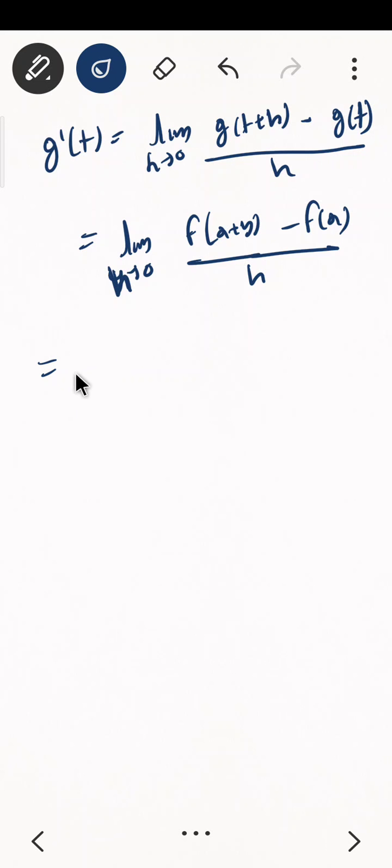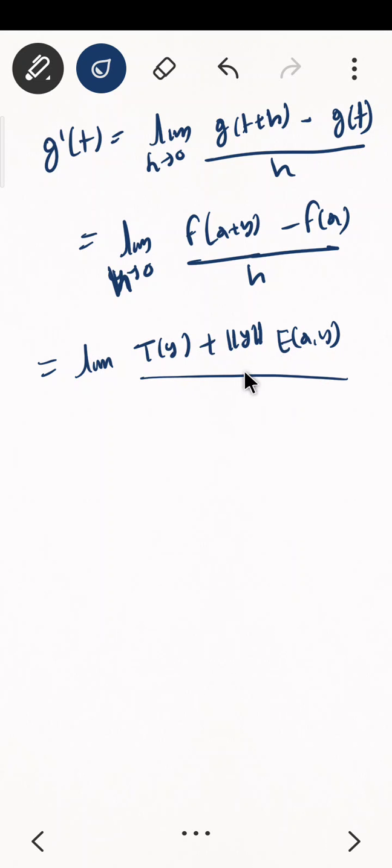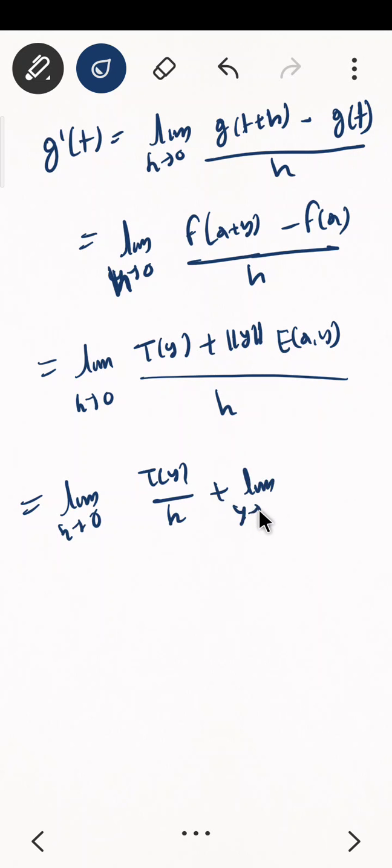So let us put the value. Limit, what is f of e plus y minus f of e? This is T of y plus norm y E of y, correct. And this is divided by h, limit h tending to 0. That is equal to limit h tending to 0 of T of y upon h plus limit y tending to 0 of norm y E of y upon h, correct.